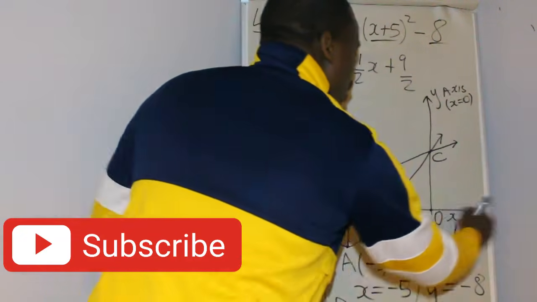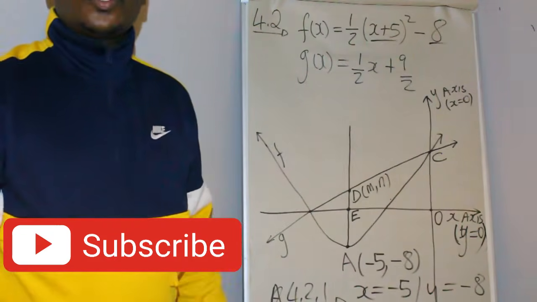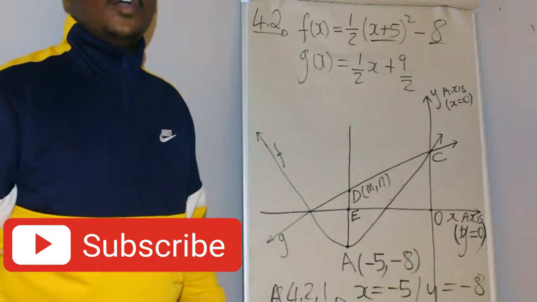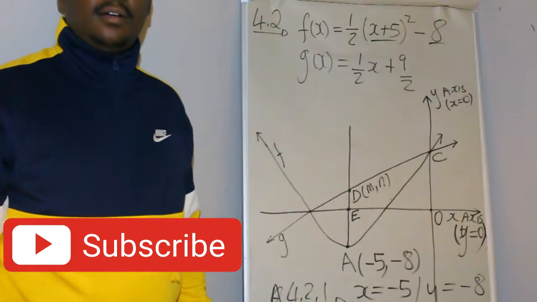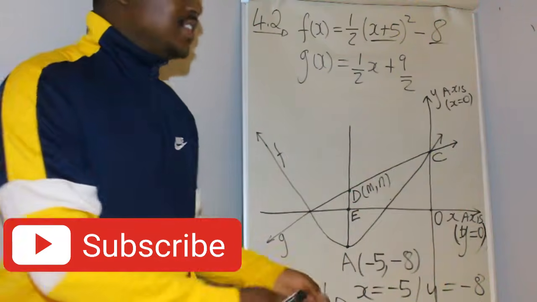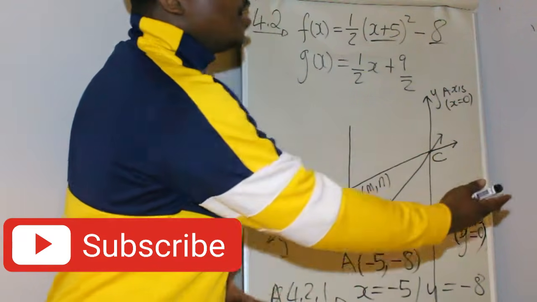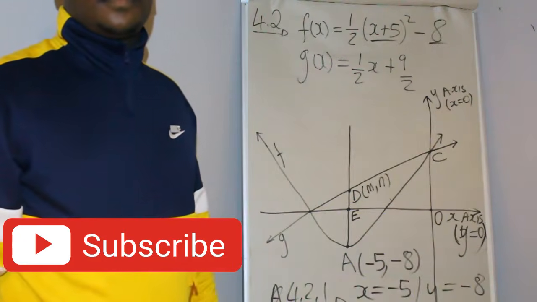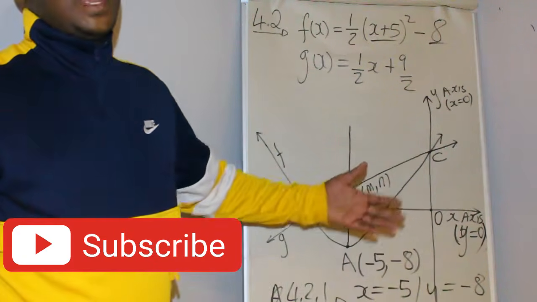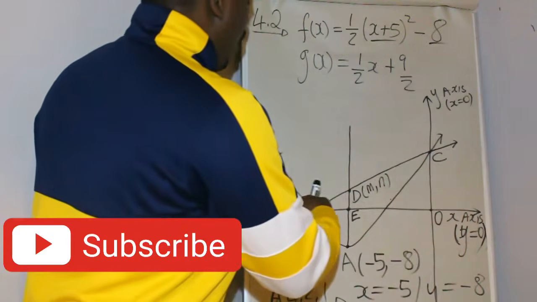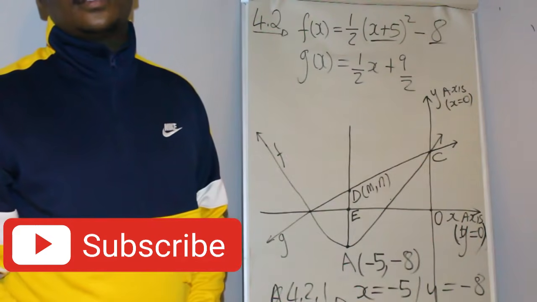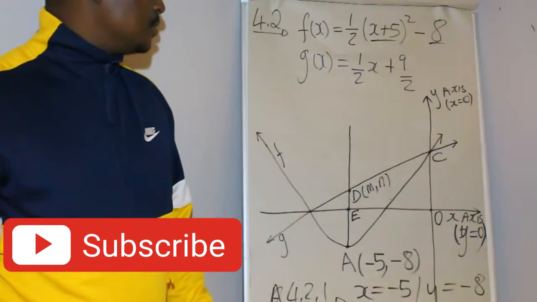So if you're writing the domain, this graph is defined everywhere, which means x can be any number on a number line. So x is an element of the real numbers, which means all the x values are inside the set of real numbers. That is the domain of this function.